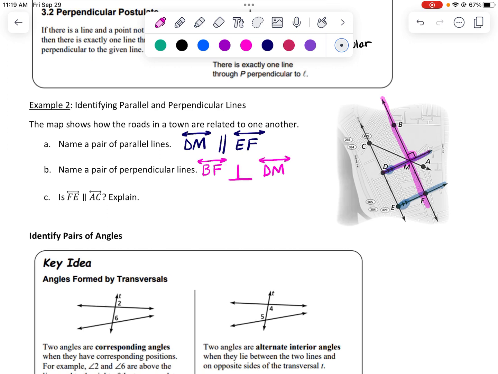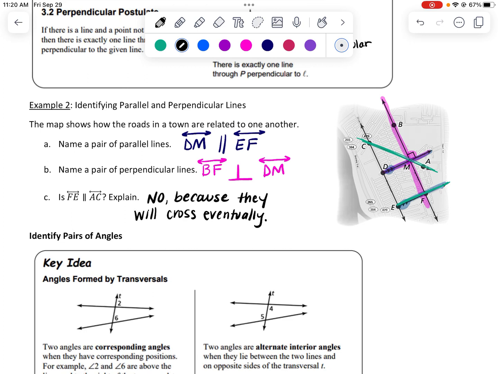Okay, so parallel, perpendicular. And then the last one, it says, is EF parallel to AC? So is EF, let's find that first, EF parallel to AC? Okay, we would say no, because they will cross eventually.